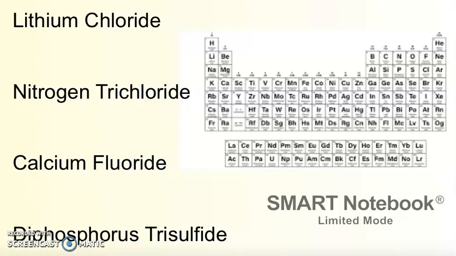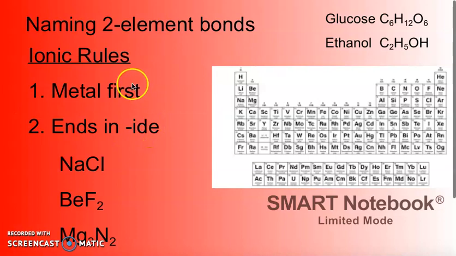Now let's go backwards. Say I give you the name. Can you make the formula? Well, some of these are going to be ionic and some of these are going to be covalent. So we have to see what they are first. So lithium chloride, we have lithium here and we have chlorine here. So that is going to be ionic. And with ionic, you have the metal first and it ends in -ide. So we're going to write the metal first here.